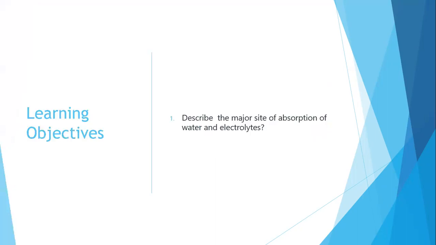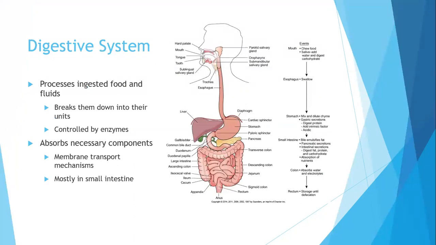So here, just reviewing the digestive system, super minor learning objectives. The major site of absorption of water and electrolytes. I think you could guess what it is. In the book, they talk a lot about every part of the digestive system, and when you look at this, it's a lot.